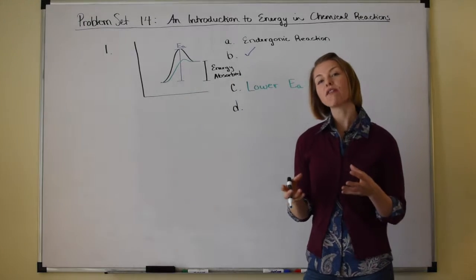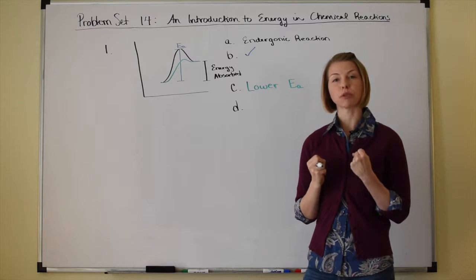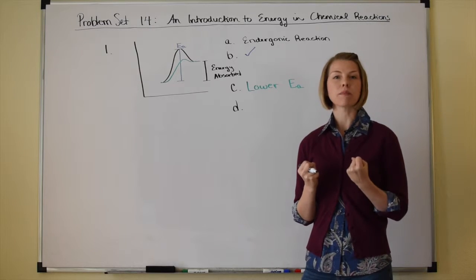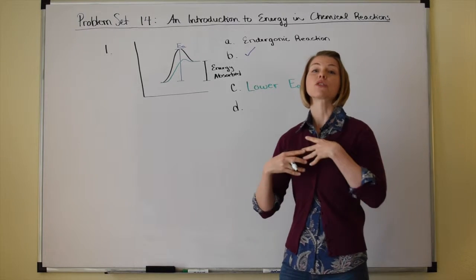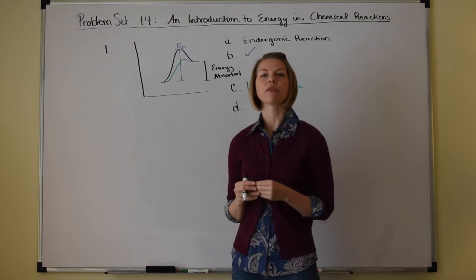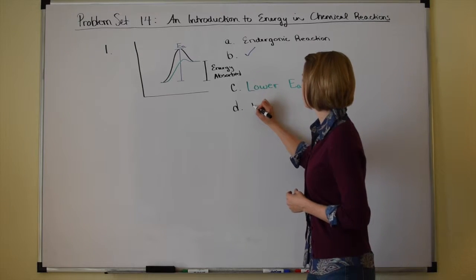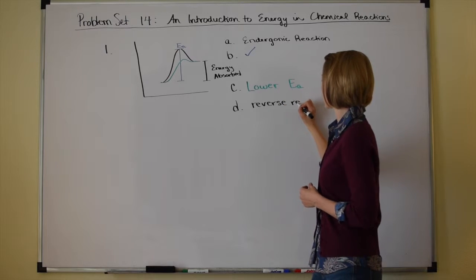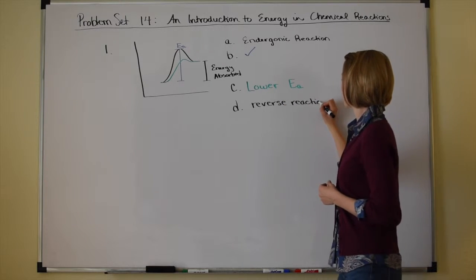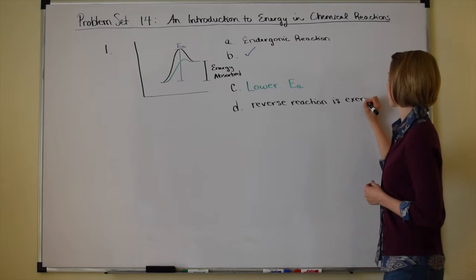And the amount of energy that had to be absorbed for that endergonic reaction to proceed will be equal in magnitude, but opposite in sign, to the amount of energy that's released in that reverse exergonic reaction. So we would expect the reverse reaction to be exergonic.